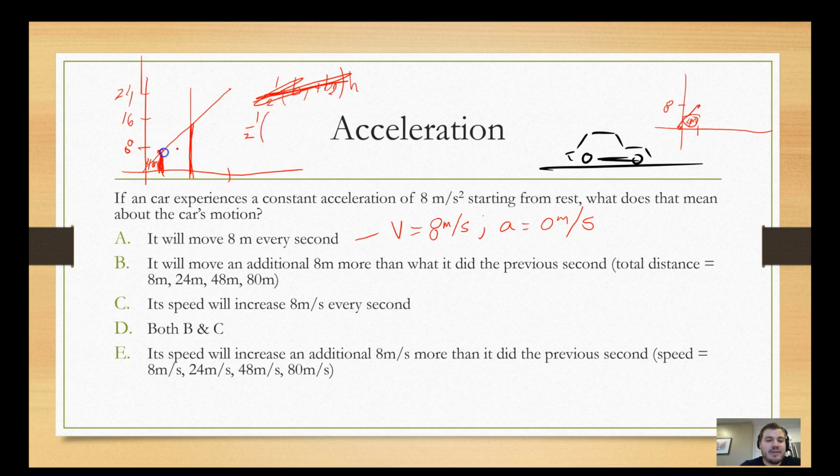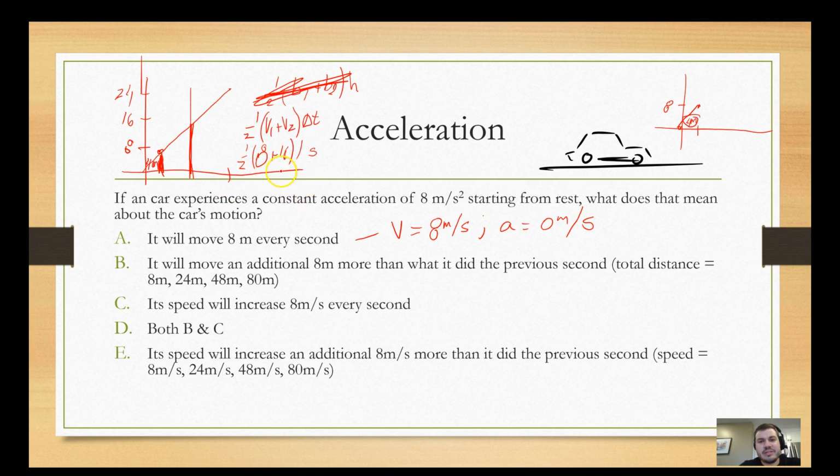It's 1/2 the initial velocity, or the velocity at 1 second, plus the velocity at 2 seconds, times the time interval. So for this second shape, I would have 1/2 times 8 plus 16 times the time of 1 second.